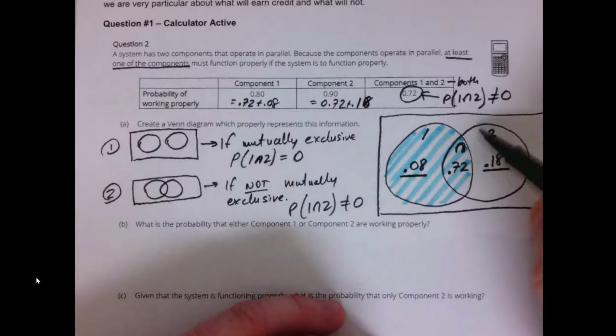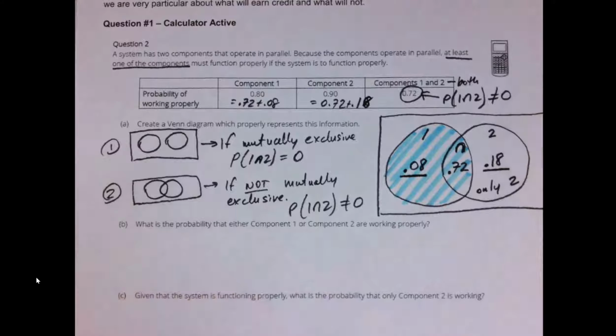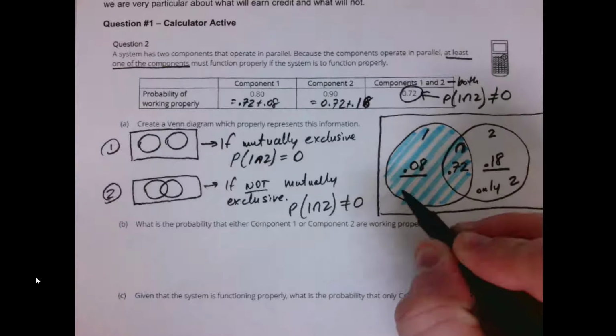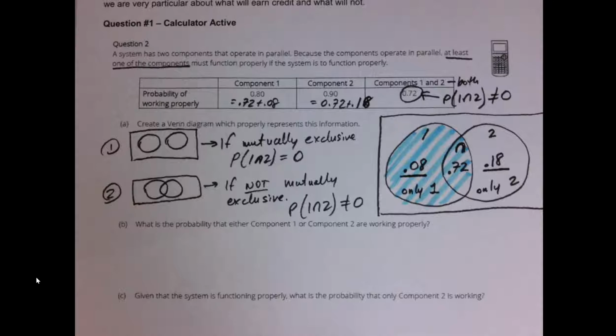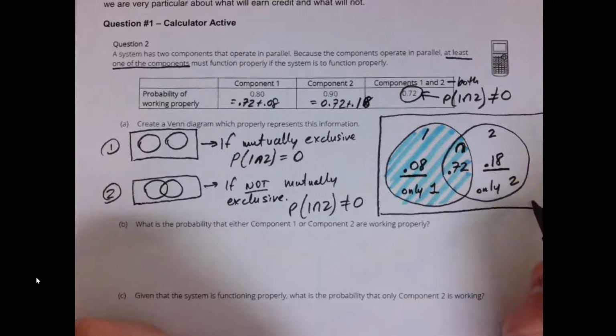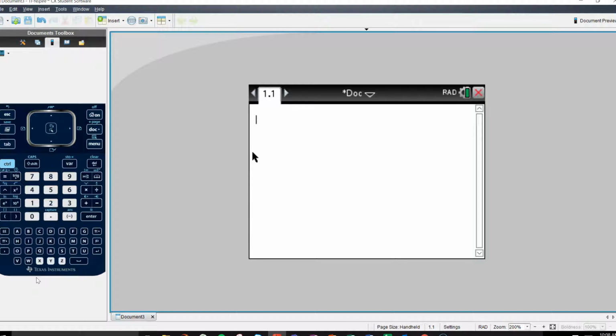Okay, what is represented by these crescent moons is this right here is the probability of only 2 working, and this crescent moon is only component 1. Okay, we're not done yet. We have to make sure we've covered the case where neither of them are working. So let's check what all of our probabilities add up to.